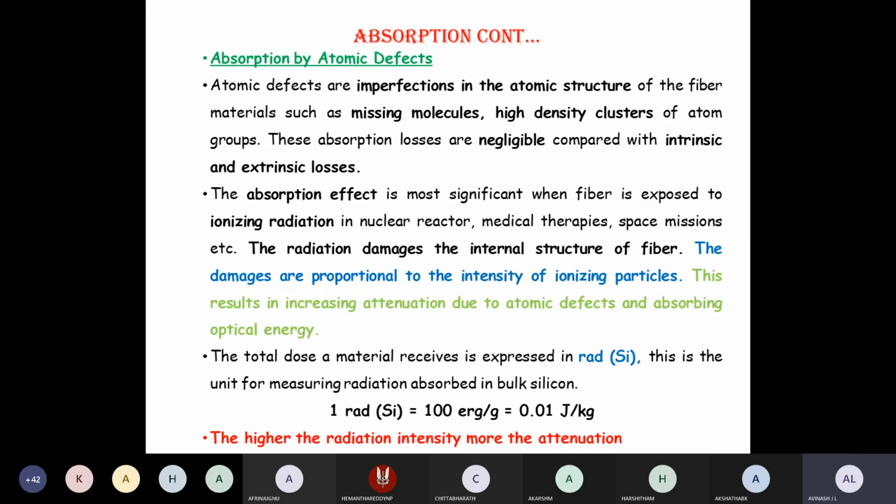Next, the absorption effect is most significant when the fiber is exposed to ionizing radiation in nuclear reactors, medical therapies, space missions, etc.